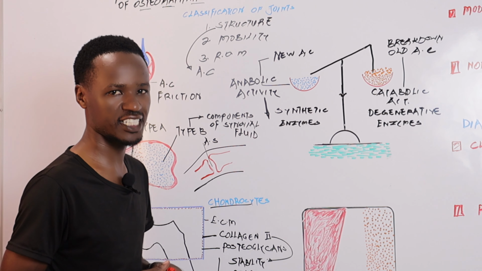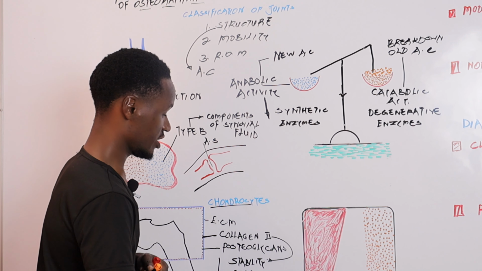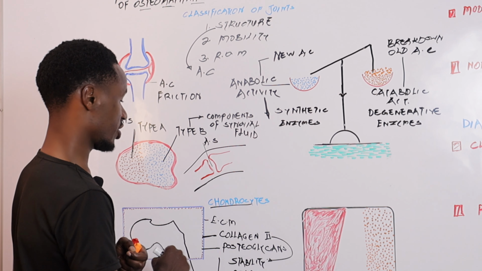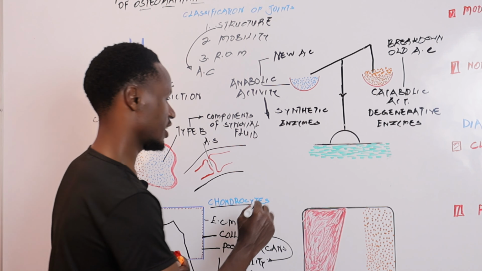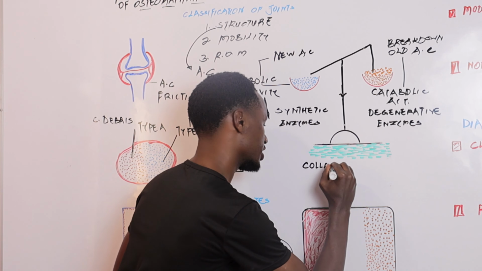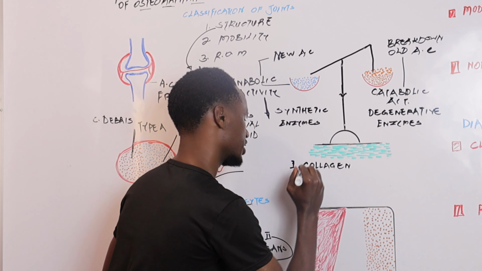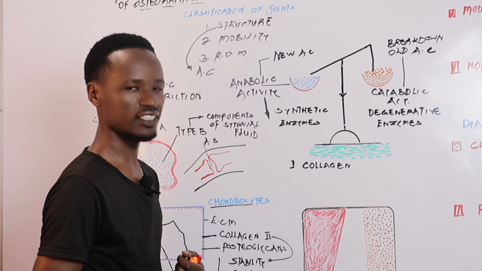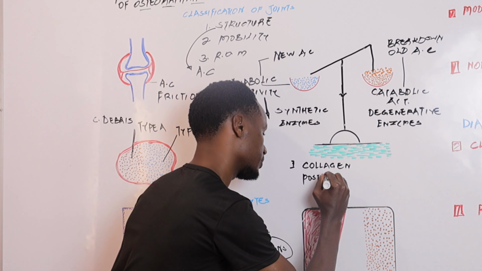Well, because of that, and when the breakdown of old articular cartilage is overpowering the making of new articular cartilage, you see the type 2 collagen that was being formed by the chondrocytes and the proteoglycans, it ends up making type 1 collagen, which doesn't interact in the right manner with the proteoglycans.